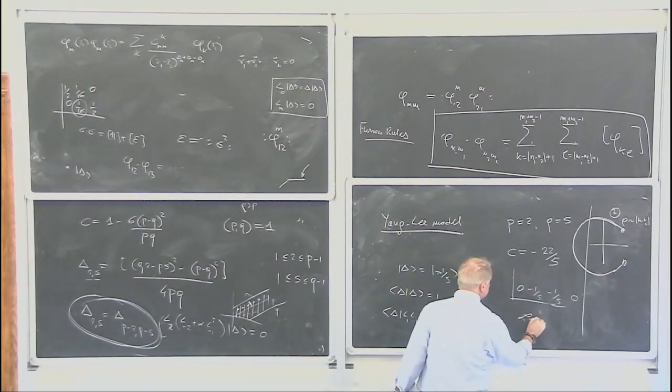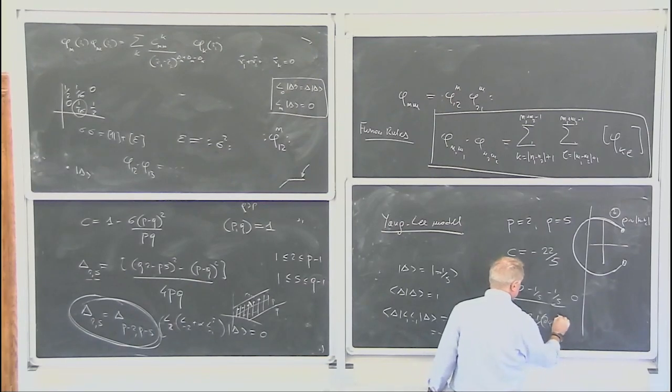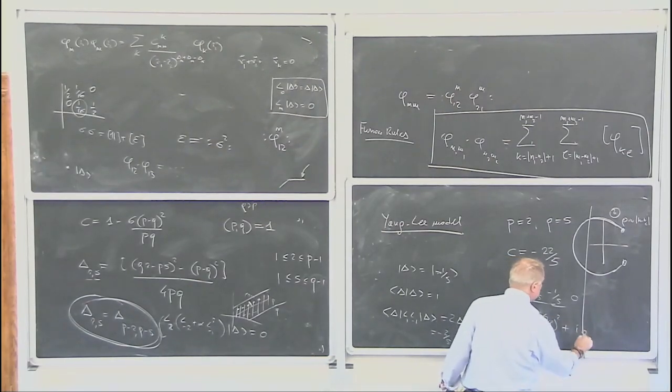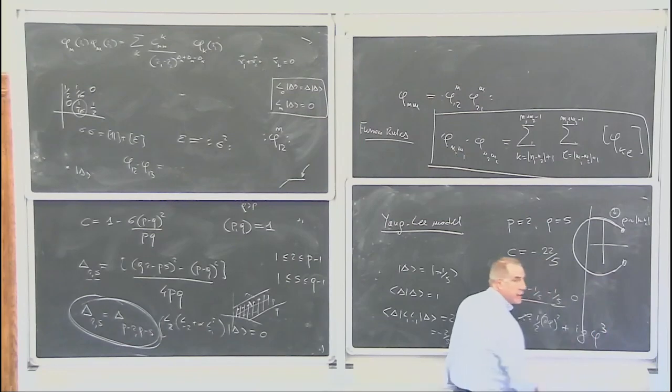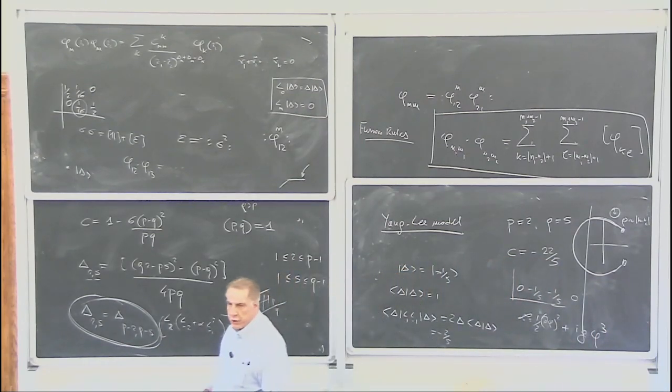The answer is Landau-Ginzburg, but with imaginary phi-cube coupling. It's phi-cube theory. But phi-cube theory, if the coupling in front is real, does not make sense, does not have a ground state. But with i, maybe.